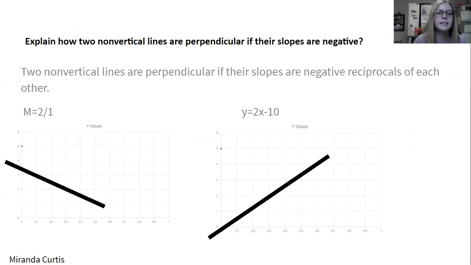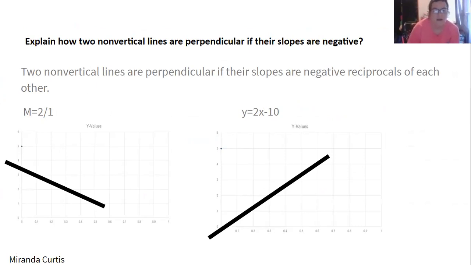Okay, Miranda, explain how two non-vertical lines are perpendicular if their slopes are negative. Okay, two non-vertical lines are perpendicular if their slopes are negative reciprocals of each other. If we look at our answers, m equals 2 over 1, which is positive, we're going to see that it's going to go to the left upwards.